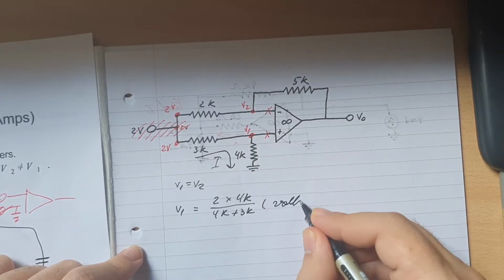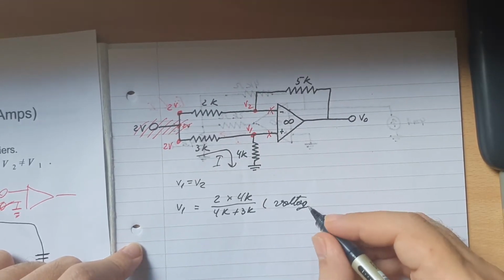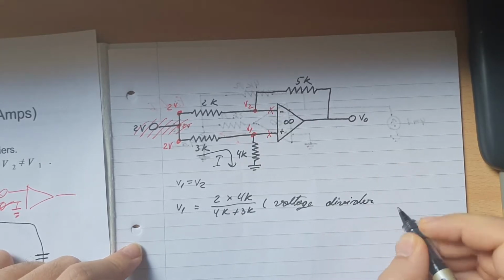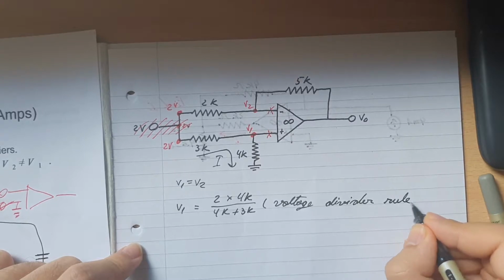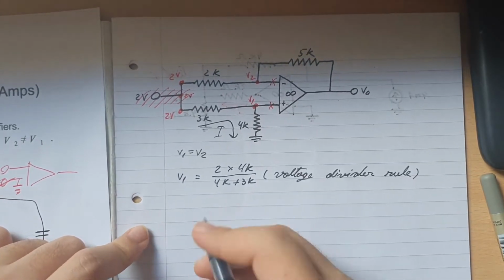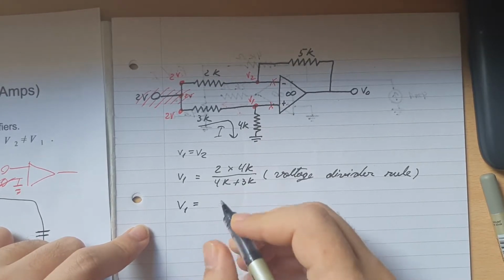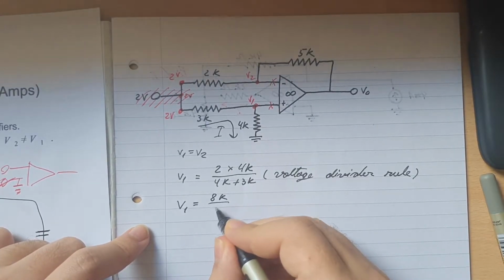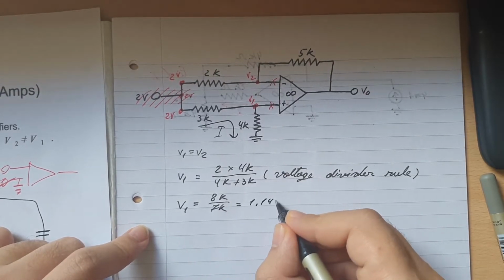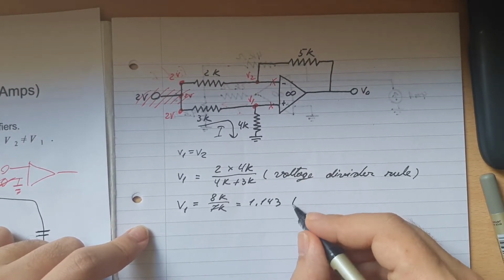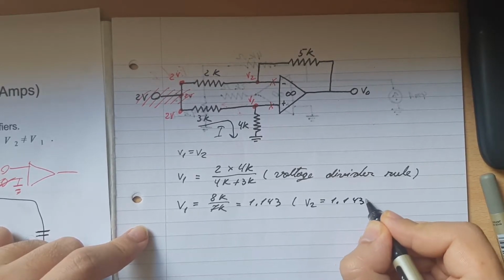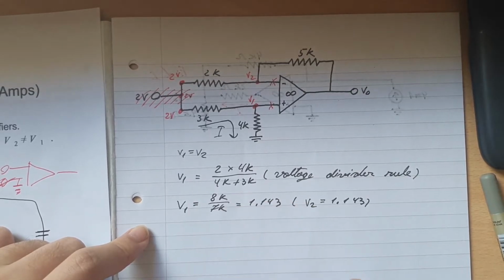Voltage divider rule. Alright. Now, after I did the calculation for this, that will be 8K over 7K, which is simply equal to 1.143. And V2 is also equal to 1.143 because V1 is equal to V2.